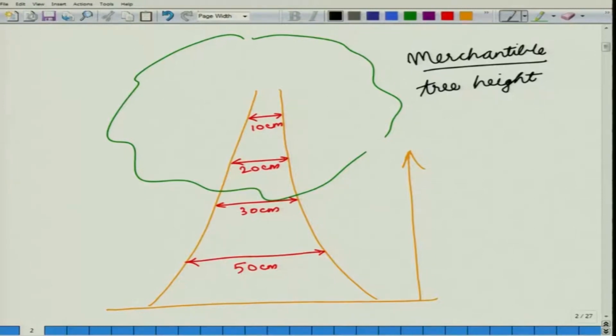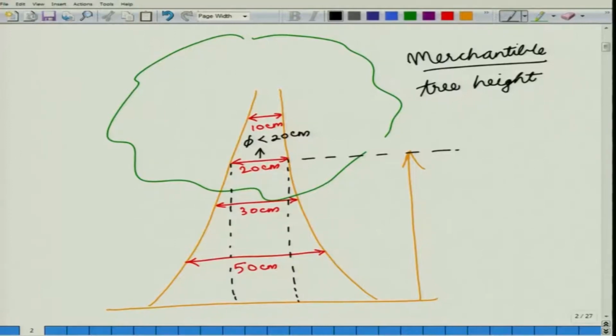Now, for some applications we might need a bole that is 20 centimeters or higher in diameter. So, in this case this portion would be the merchantable portion of the tree, because as soon as we go above this point the diameter is less than 20 centimeters. So, we cannot use that.